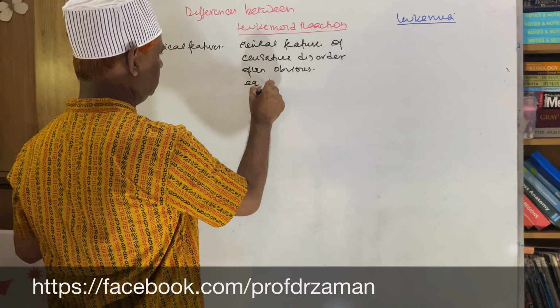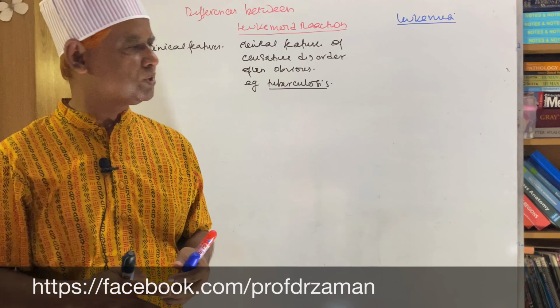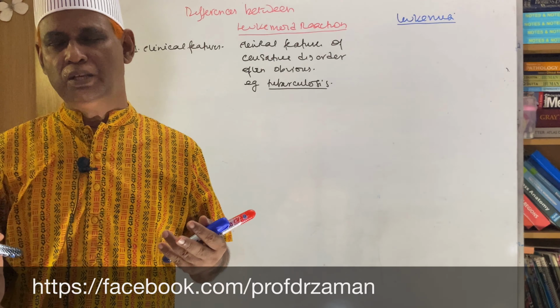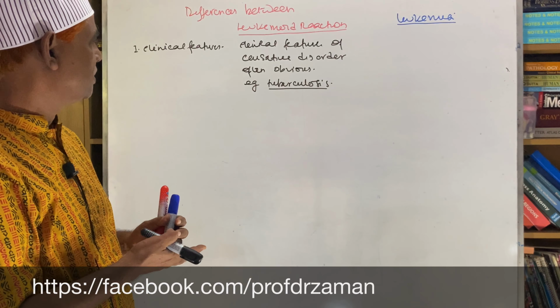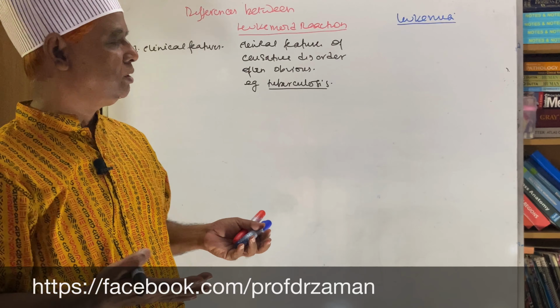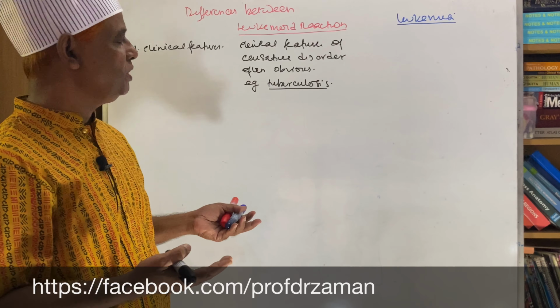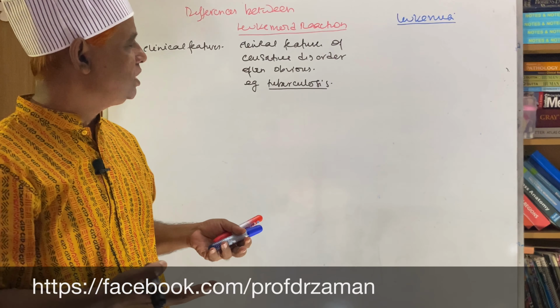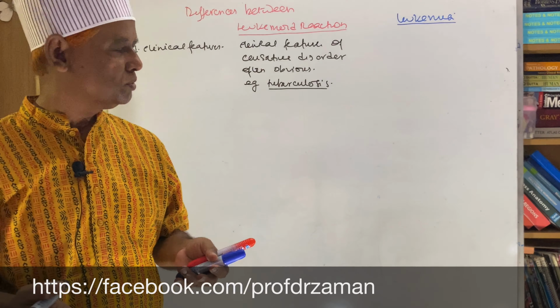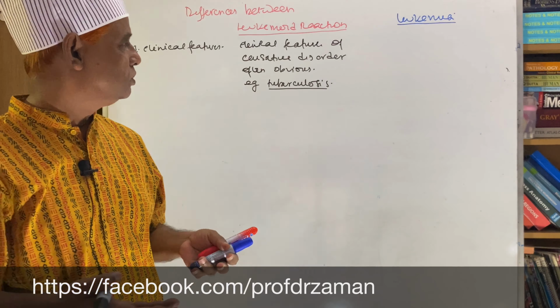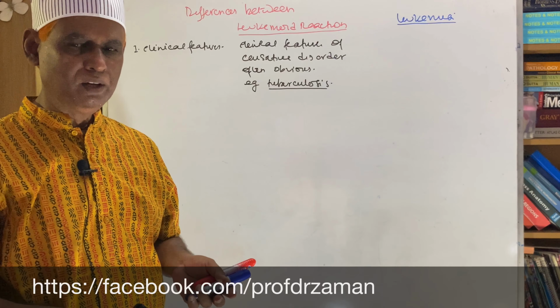Dear audience, if anybody suffers from tuberculosis, either extrapulmonary or pulmonary, there will be evening rise of temperature. If pulmonary tuberculosis, there will be dry cough. The patient may suffer from anemia, anorexia, and weight loss. So these are very obvious in tuberculosis, and tuberculosis is one of the causes of lymphoid leukemoid reaction.